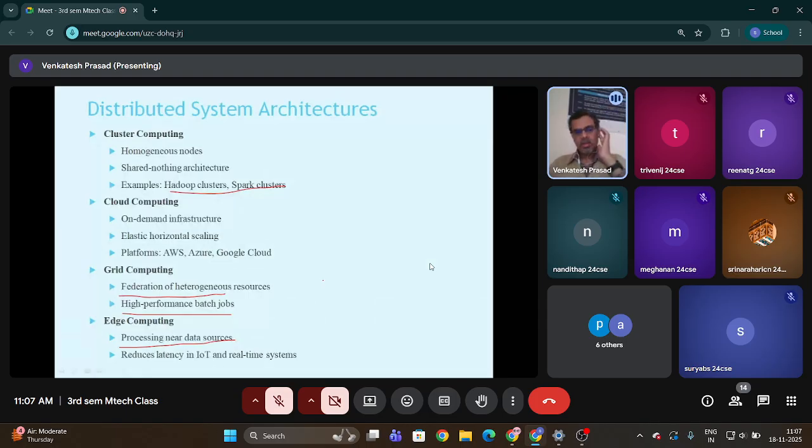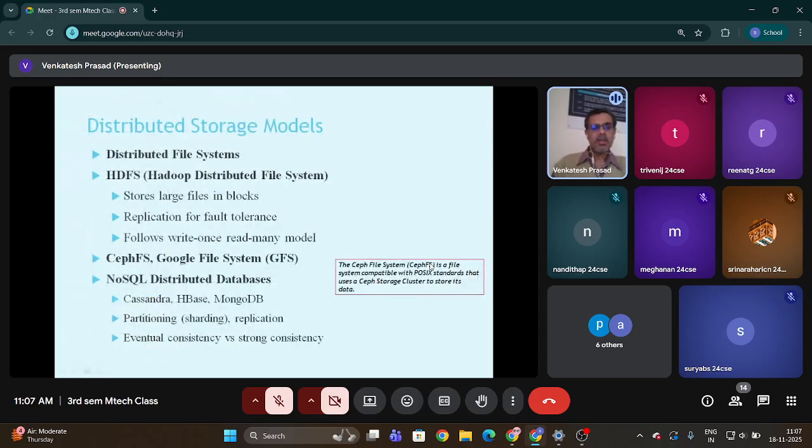Okay, so that you don't have to do a lot of processing in the core, and then move the results back to the client. So the processing is already done closer to the client, and then the results are available almost instantly. Okay, so edge computing is also very popular these days.